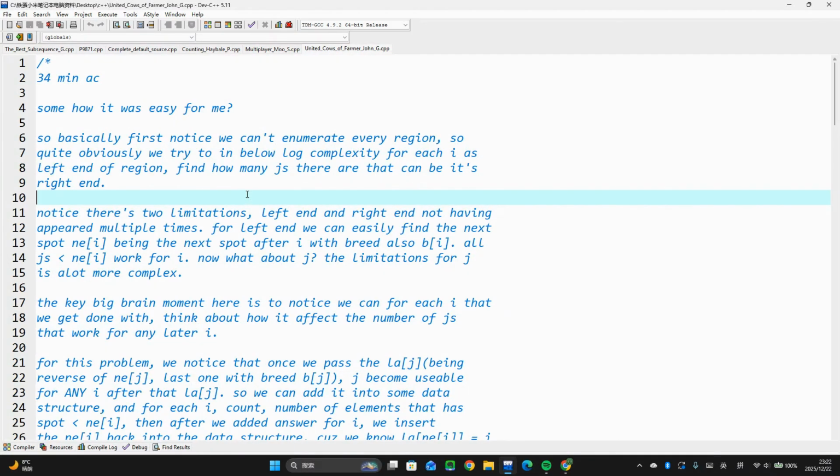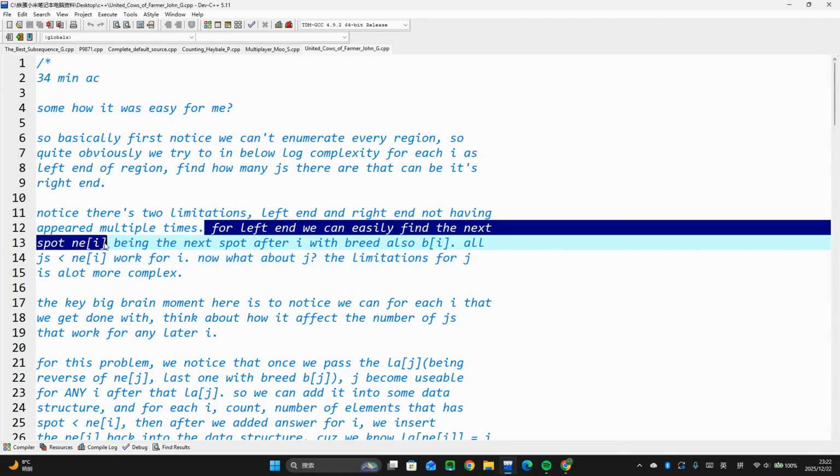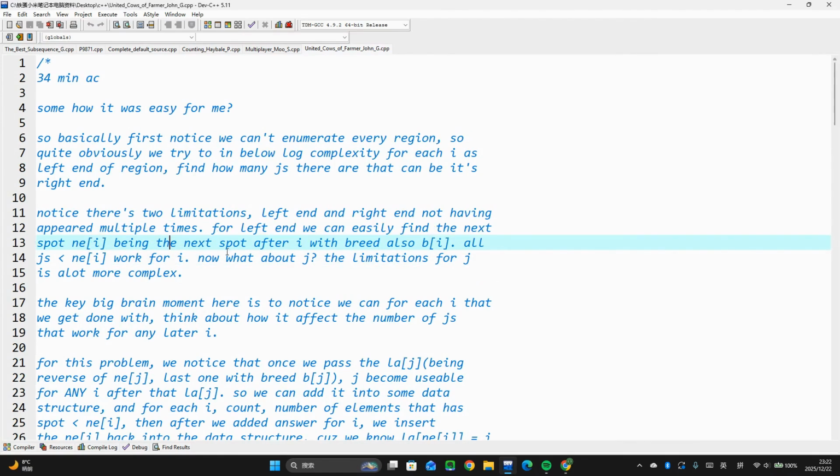So obviously, we want to fix the left end and try to find how many right ends there are in log time complexity. Since there are two limitations, left end and right end, the left end is pretty easy because we can just pre-process the next spot in which the same breed exists. However, what about the right end? We can't enumerate every single right end for all the left ends.